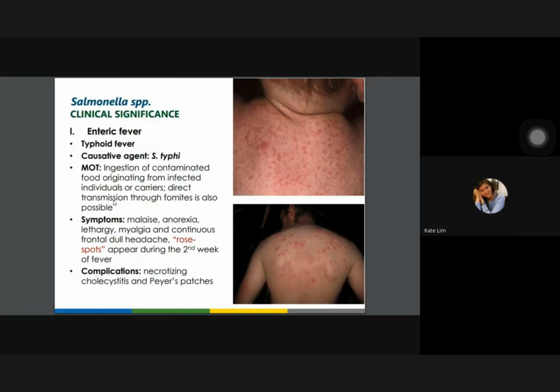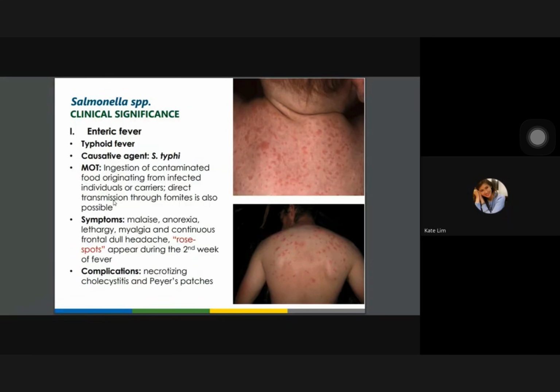Again, the main mode of transmission, or how the bacterium gets into our bodies, is through eating or drinking contaminated food or water. Just imagine you eat something that's been touched by an infected person, or you drink water that wasn't properly treated.